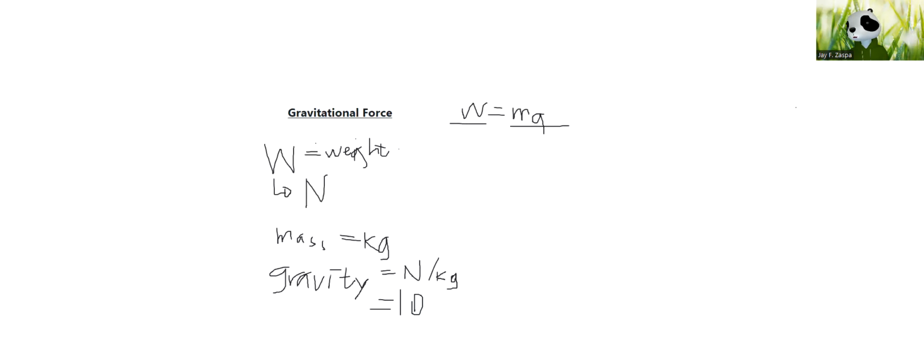Since the mass is multiplied with the gravity, and since we're looking for the mass, we're going to divide both sides with the gravity.